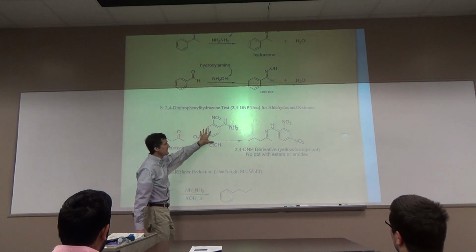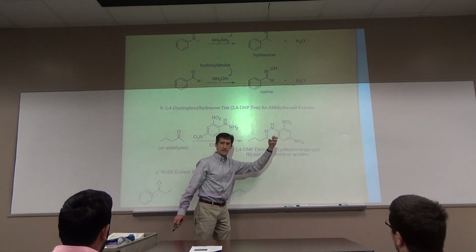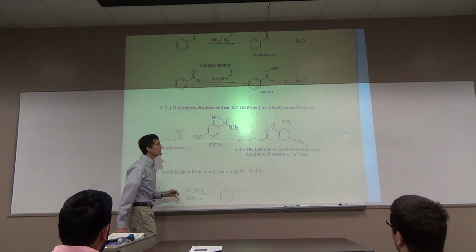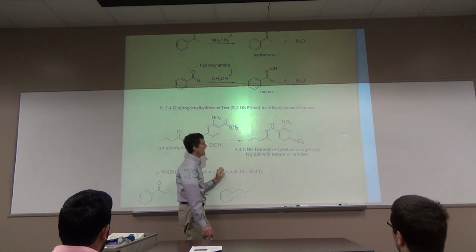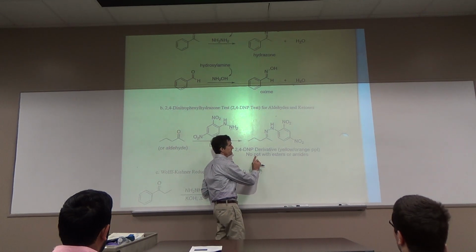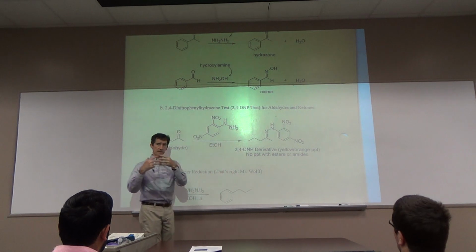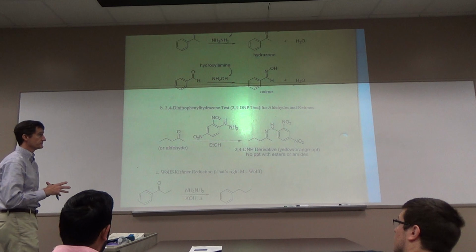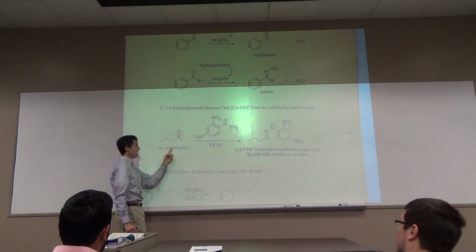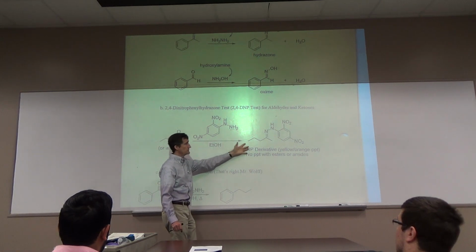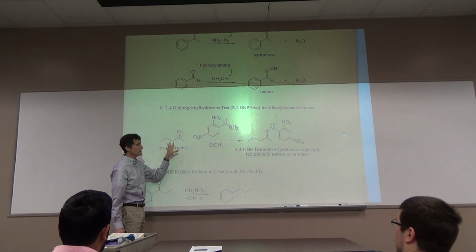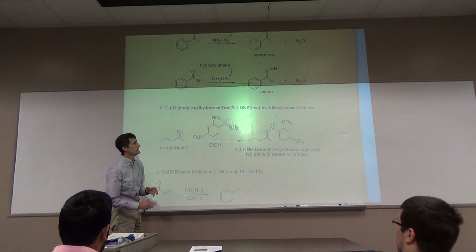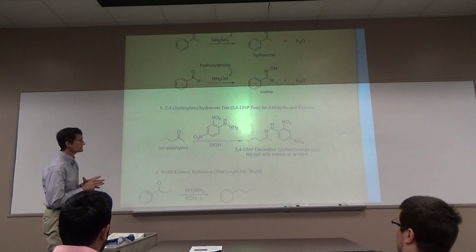You treat it with your reagent and you instantly get a precipitate because the reaction is pretty instantaneous. And when you see the precipitate, it's a positive test. Only aldehydes or ketones do this reaction, and thus only aldehydes or ketones give the precipitate, the positive test.